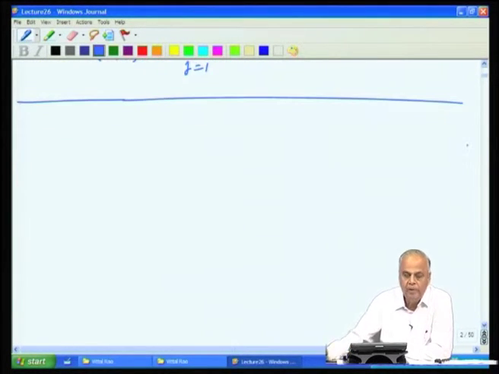Now, having got this orthonormal set, we introduced the notion of an orthogonal complement for a subspace.